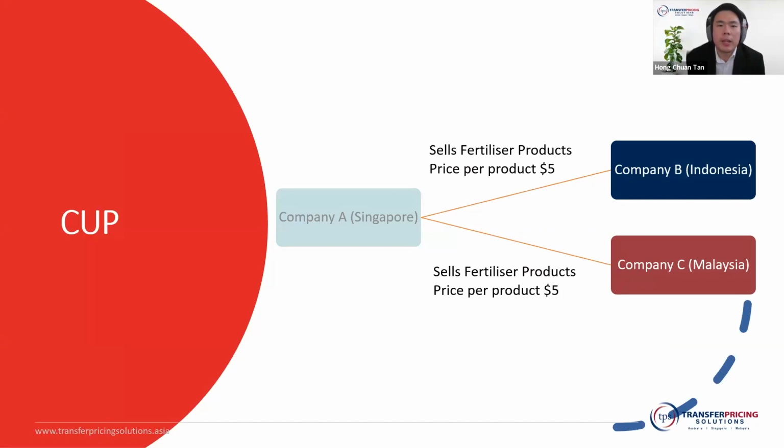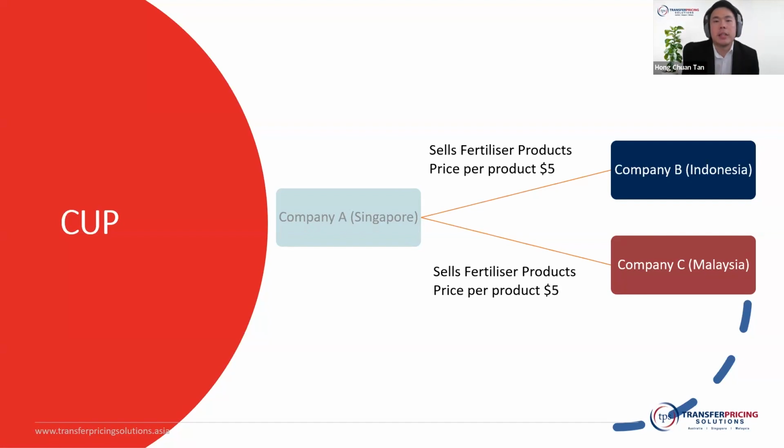So here we have company A in Singapore selling fertilizer products to company B and company C in Indonesia and Malaysia. Now, as I mentioned earlier, CUP has a very high comparability requirement, so first, what are the challenges in selecting CUP itself. We'll be looking at characteristics of the fertilizer to ensure that both are highly comparable.